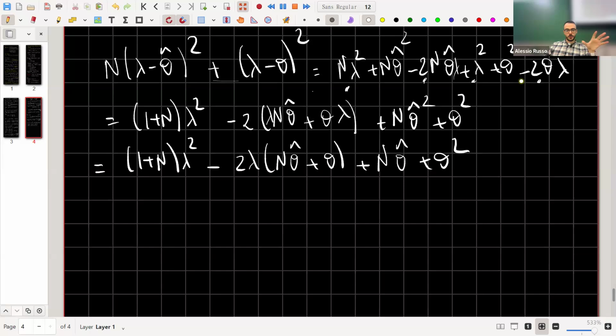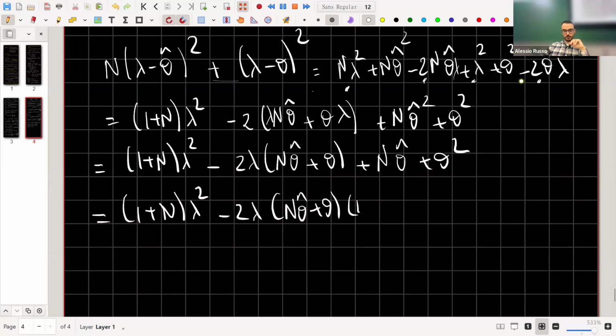Okay, so now we have this lambda squared, then we have the 2 lambda here. We need to complete the square with the lambda. What we can do maybe is divide and multiply by 1 over 1 plus n here. So we divide and multiply, so that then we can write lambda squared minus this quantity.